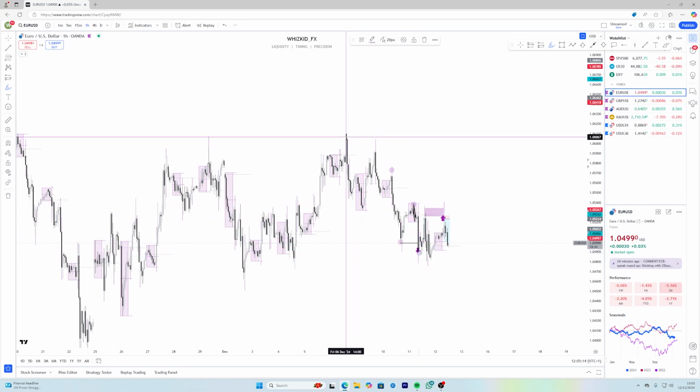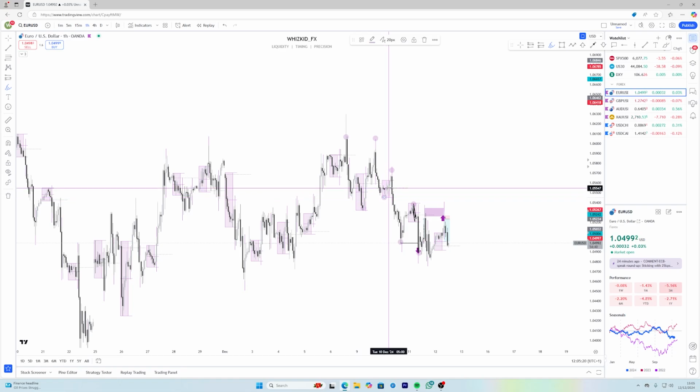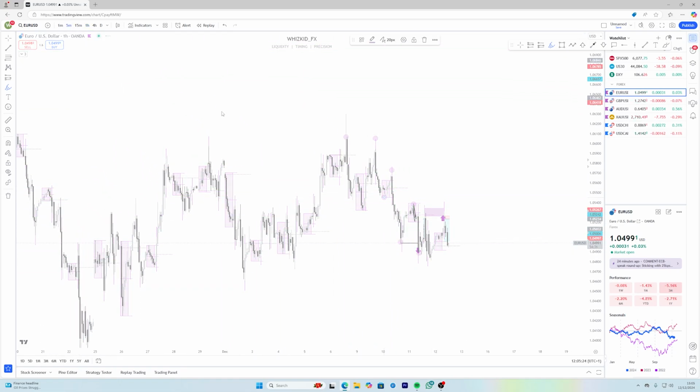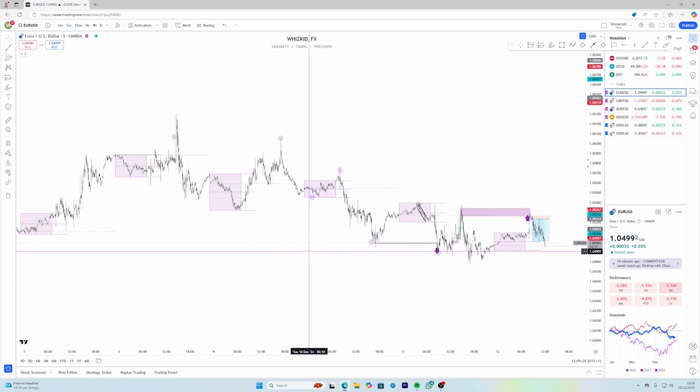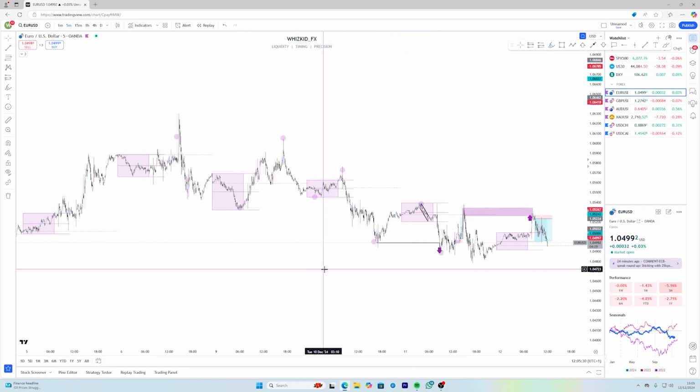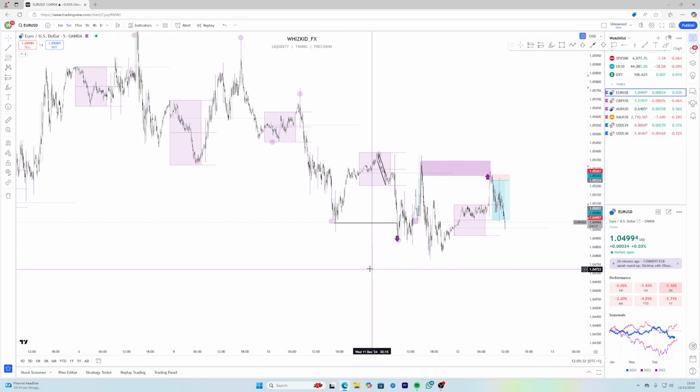And even here, higher, lower, lower high, lower low, etc. So this of course is a retail structure, but that doesn't mean we don't have to take it into consideration, because structure in our strategy is actually very, very important, right?